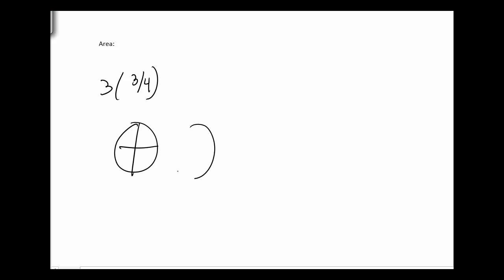We can do that same problem again, but this time we can take advantage of the area model. So again, using repeated addition, I'm going to look at 3 of these little circles. I should make some decent effort to make them similar sizes. Okay, so I've got 3 sets of 3/4.